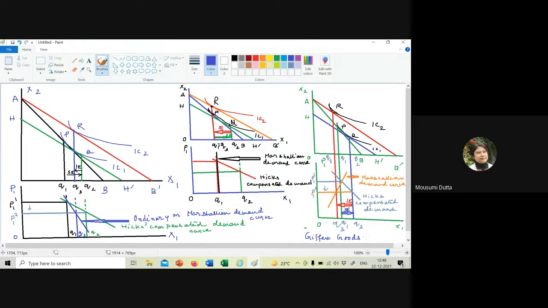That means it is a perfectly inelastic demand. And finally, if the opposite income effect offsets the substitution effect, in that case we are getting a positively sloped Marshallian demand curve, and this is called the case for Giffen Goods.